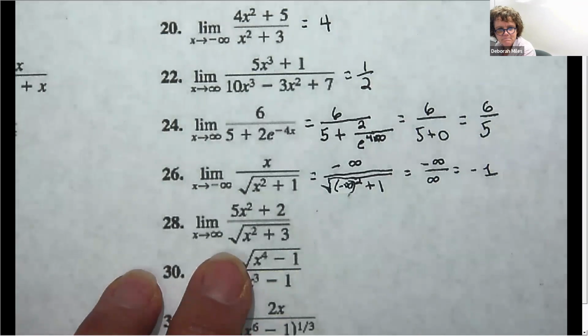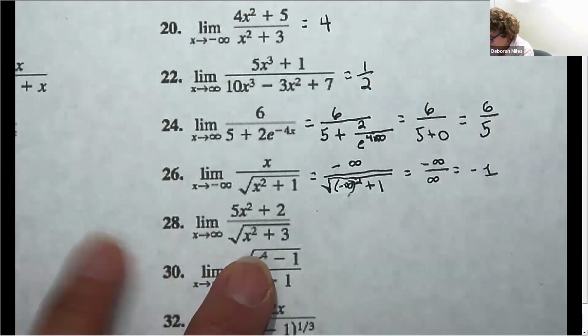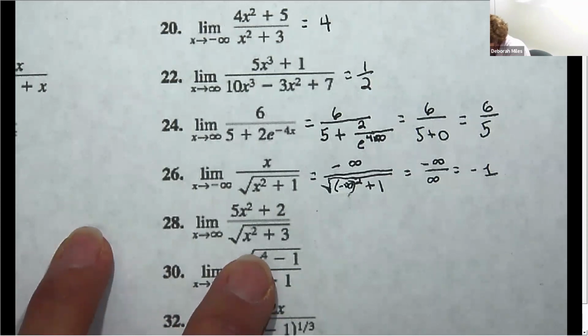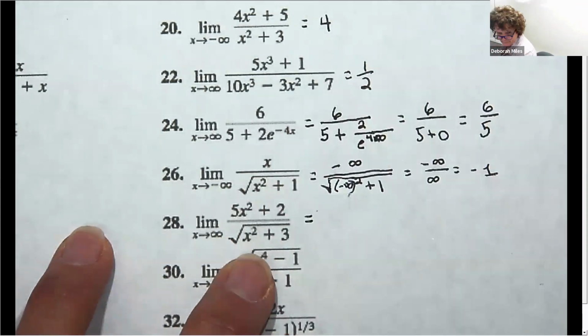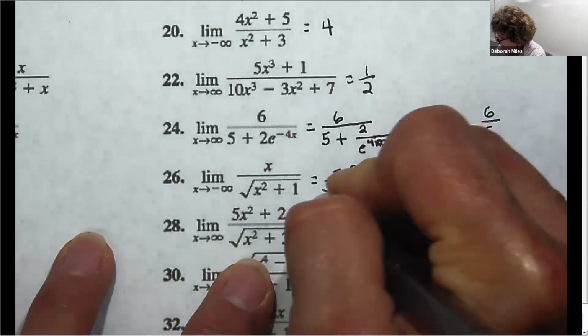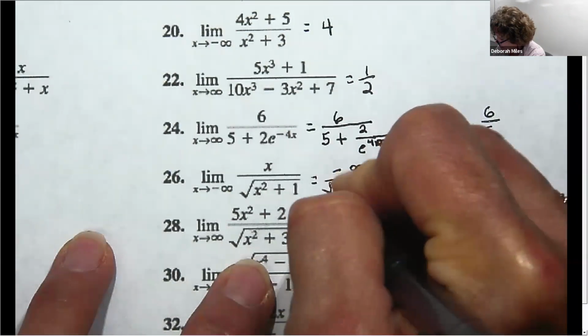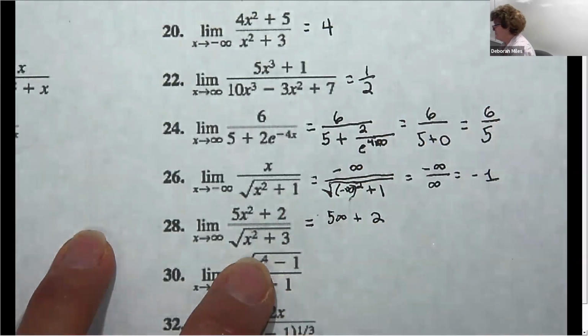Okay. Number 28. Limit as x goes to infinity of 5x squared plus 2 over square root of x squared plus 3. Tell me what you're thinking. That numerator is basically 5 infinity plus 2, which is just 5 infinity.